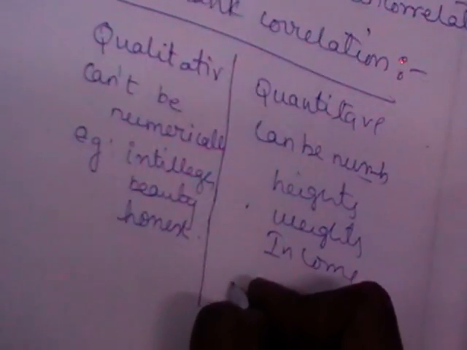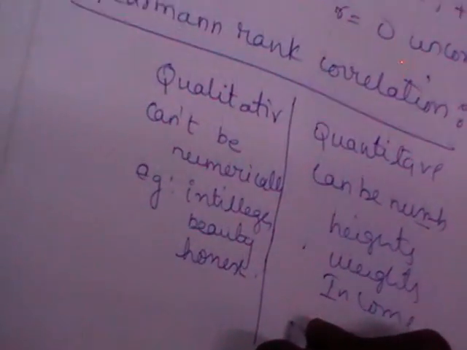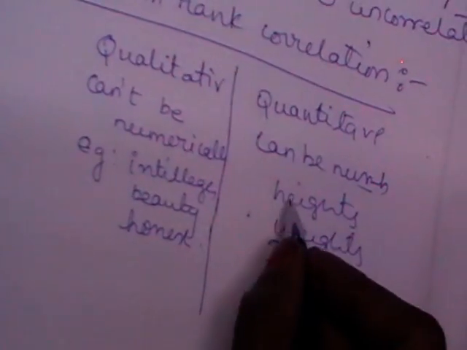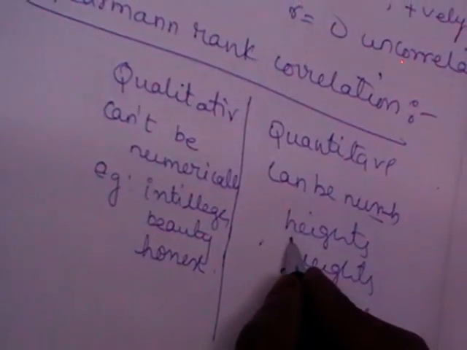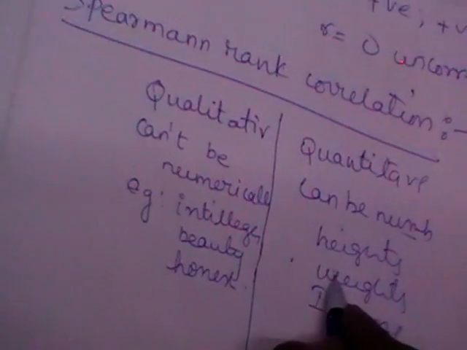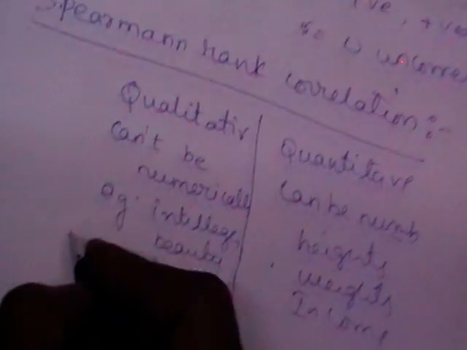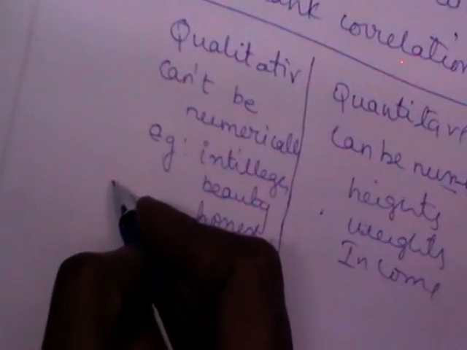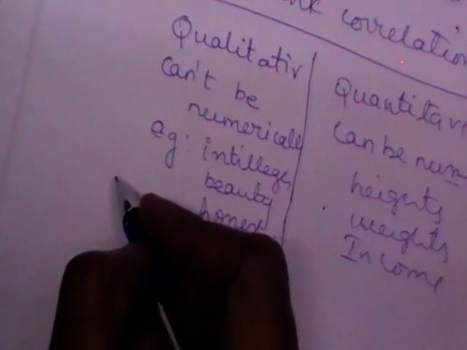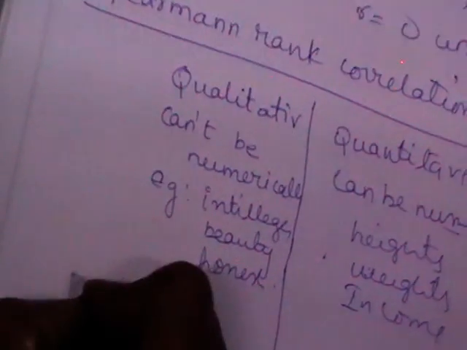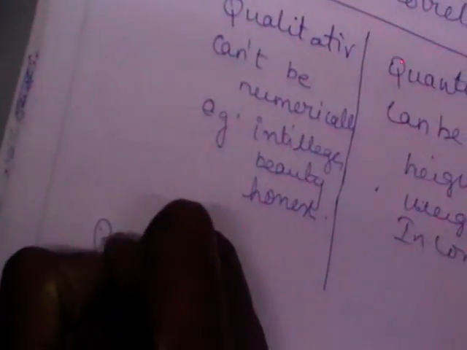Karl Pearson's coefficient is used to measure the correlation between quantitative data only. We cannot use this r for measuring qualitative data. So whenever we have qualitative data, to measure the correlation between them we use Spearman rank correlation, indicated with rho, which is given by 1 minus 6 sigma di square by n into n square minus 1.